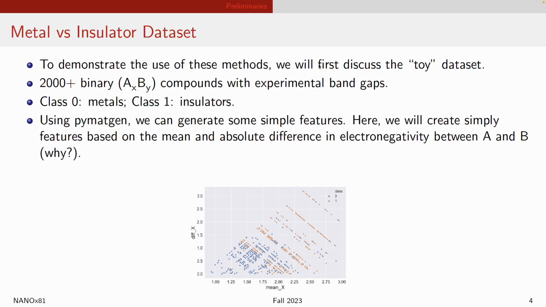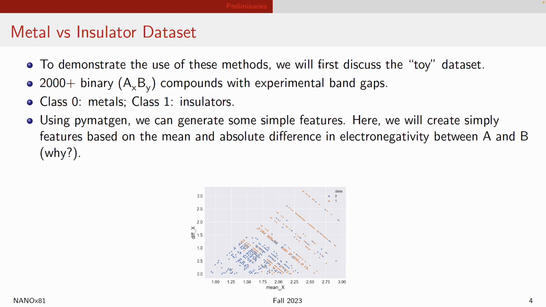For the metal insulator data set, we are going to define two classes. Class 0 is basically the metals, in other words, those with band gap close to 0. And class 1 are insulators, which are things with a significant band gap. Now, using PyMatGen, we can generate some simple features.